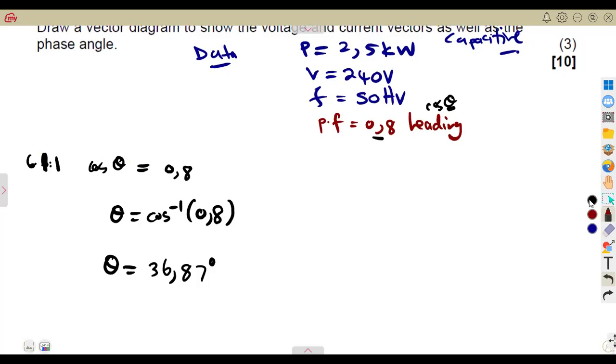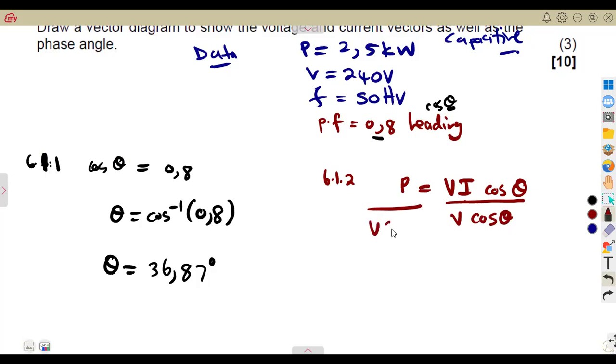So on a single phase, we just take our usual formula: the power is the voltage times the current times the cos of theta, which is the power factor. From this, we need the current, so we divide by the voltage times the cos of theta. This gives us the current, which is simply the power over V cos theta.